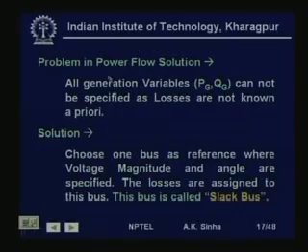What we do is we specify one of the generating buses as a bus where the power is not specified, rather the power is allowed to vary. We fix the voltage magnitude and the angle at that bus. Normally, the angle is fixed as 0, because that is considered as the reference angle for all the other bus bars, and the voltage magnitude is fixed at a particular value.